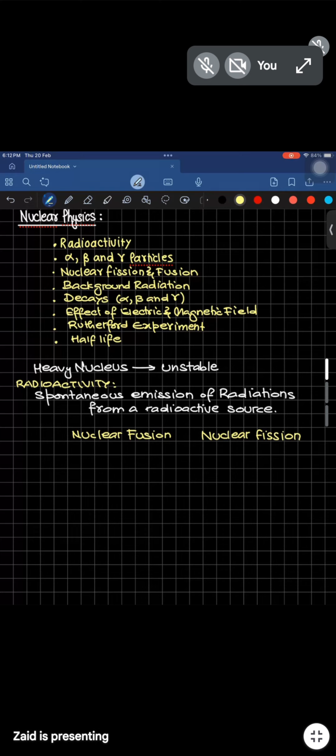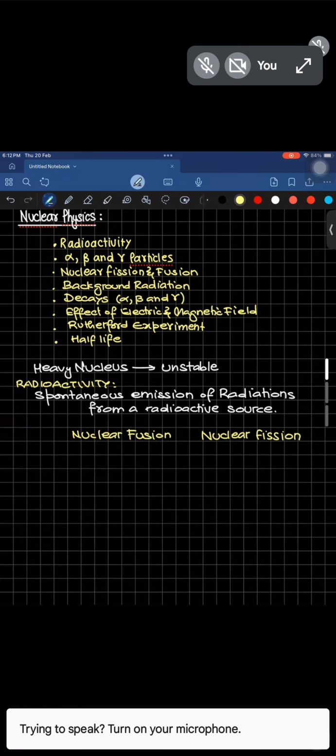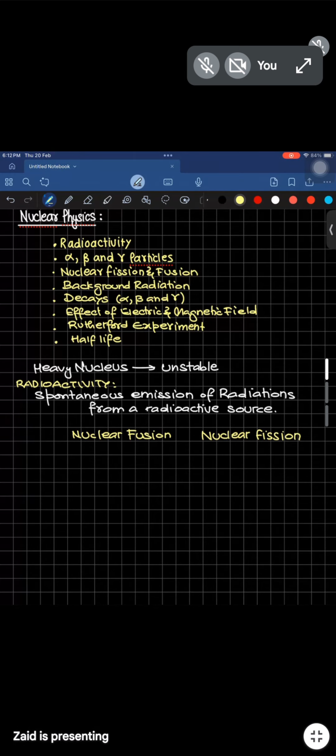Just think about that. Two hydrogen atoms are going to combine and form a helium atom. And that requires so much energy because it's not a bonding. It's basically combining the two nuclei, center to center. It's not the electron getting somewhere. It's the whole nucleus mingling. So this requires loads of energy.